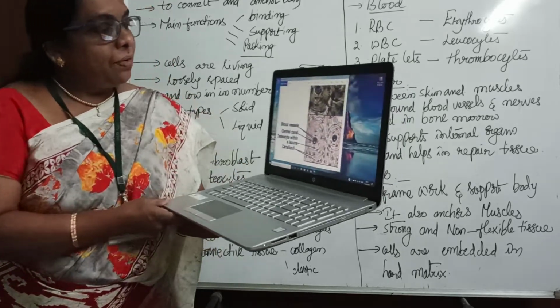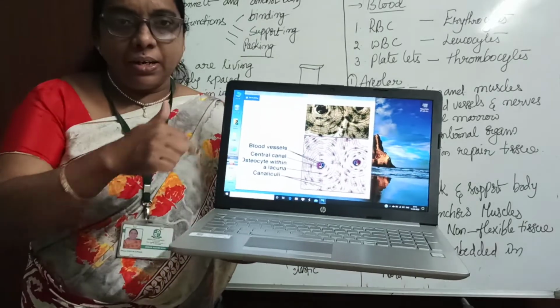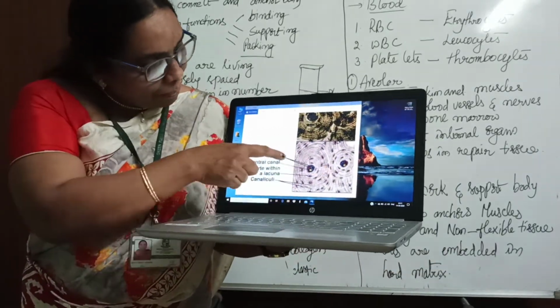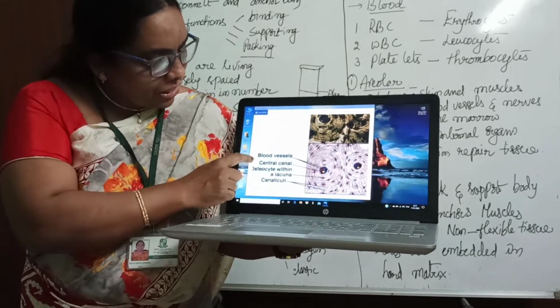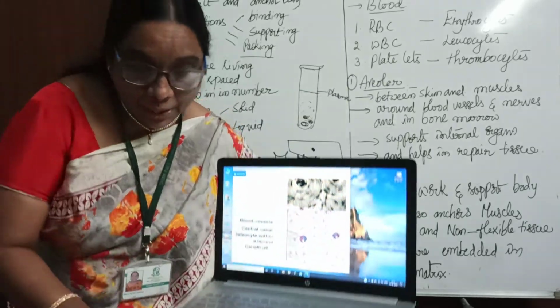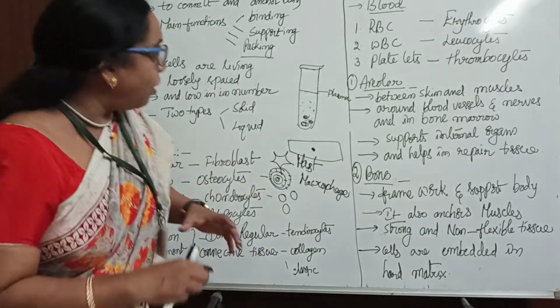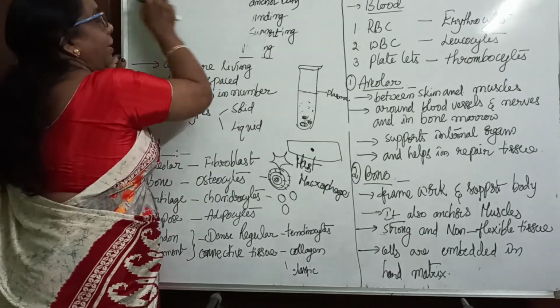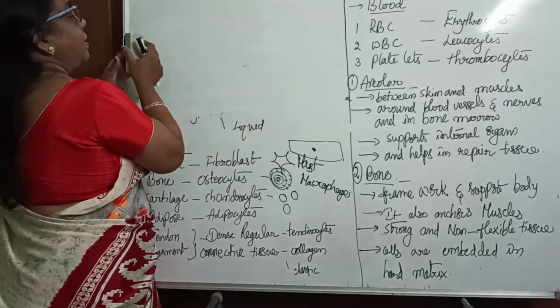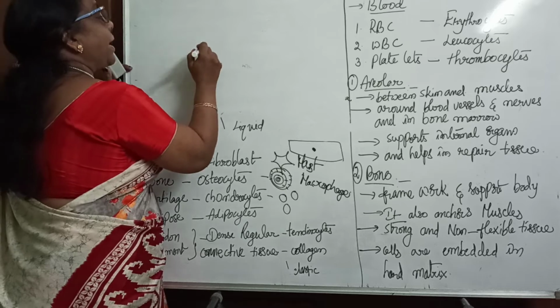Okay, children, we can see circular, ring-like structures, and we can see black structures that are called canaliculi. Let me draw this particular diagram. We can see circular, concentric rings.